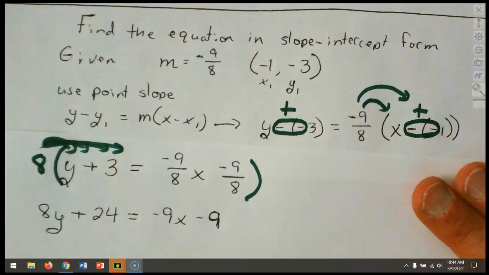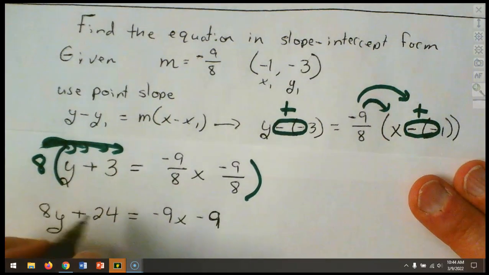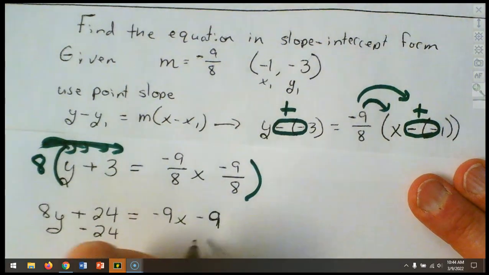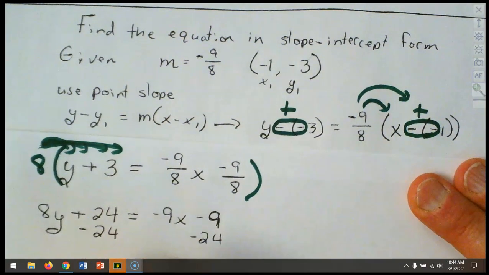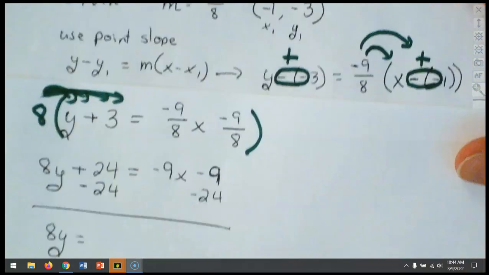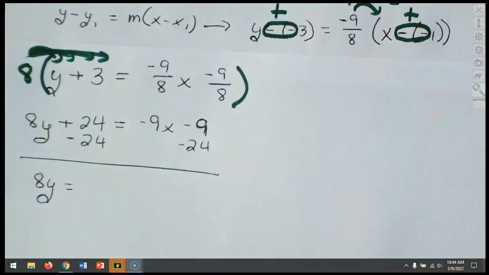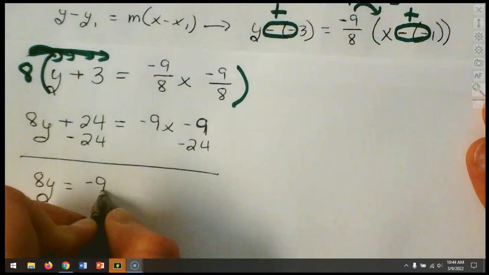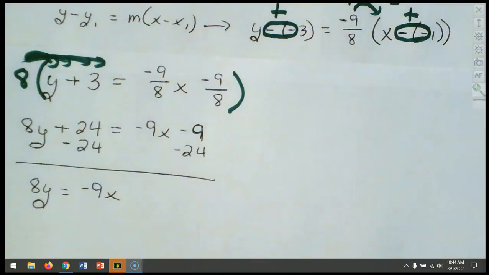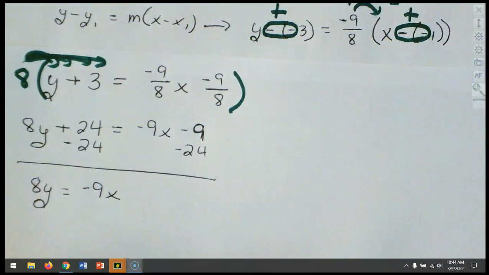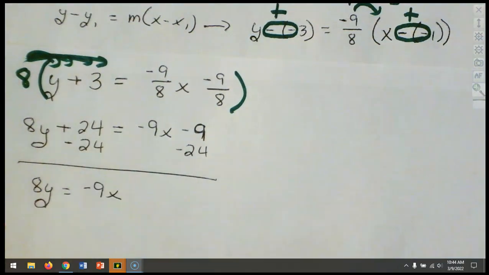Moving things around, I'm going to move that 24 over. So now we've got 8y equals a negative 9x, and 24 and 9 both are negative. That should be a 33, negative 33, but let's double check and make sure.